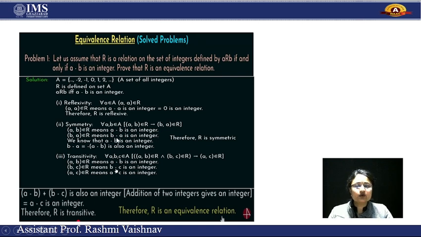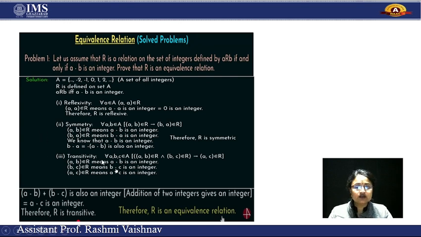If we take the reciprocal of it, take minus from it, then minus of (a minus b) is also an integer. Similarly, you can understand if we choose a equals 5 and b equals 10, then 5 minus 10 gives me an integer, that means minus 5 is a part of the integer set. Again, if we reciprocate it, like 10 minus 5, which gives me 5, it is again a part of the integer set.